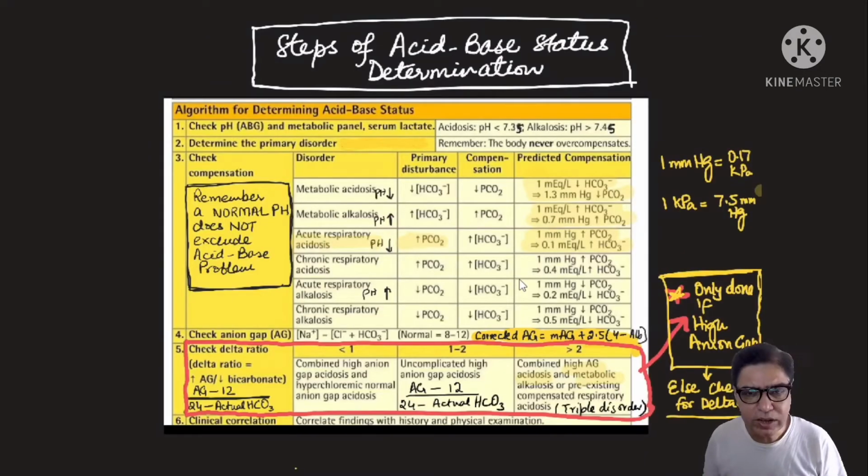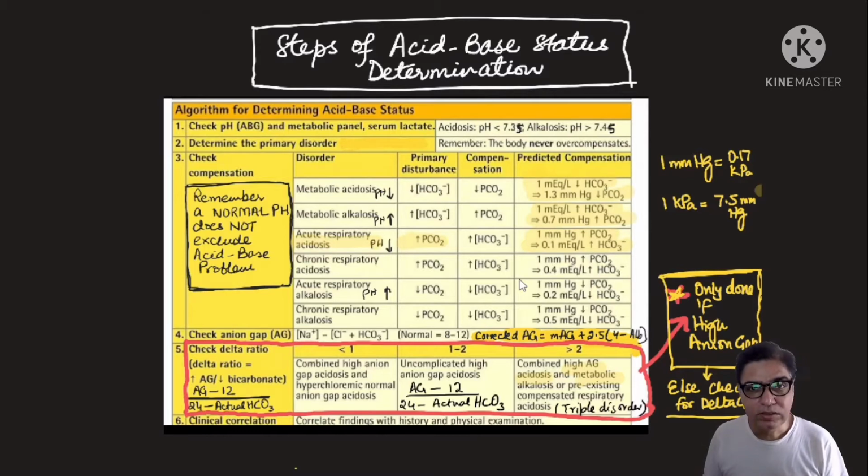Once we've got that slip, we always start by looking at the pH. The normal pH is between 7.35 and 7.45. If it is less than 7.35, there is an acidemia and an underlying acidotic process going on. If the pH is more than 7.45, there is alkalemia and an alkalotic process going on which is causing that.